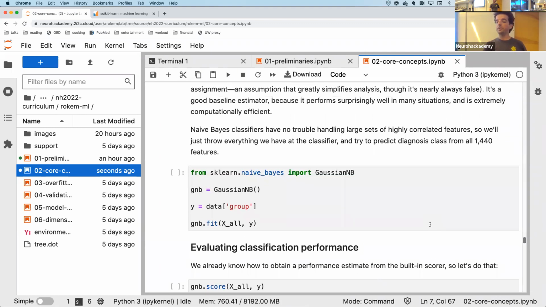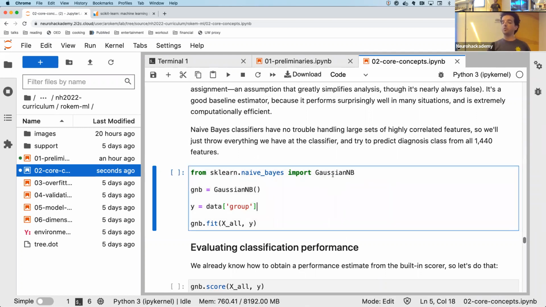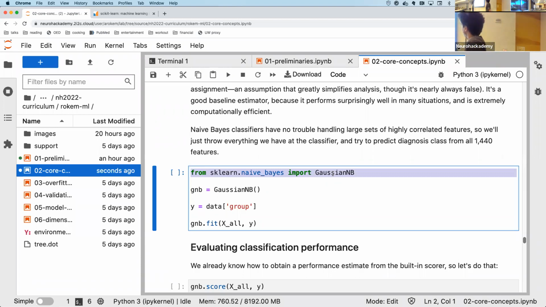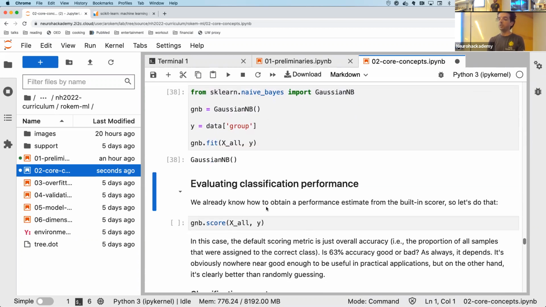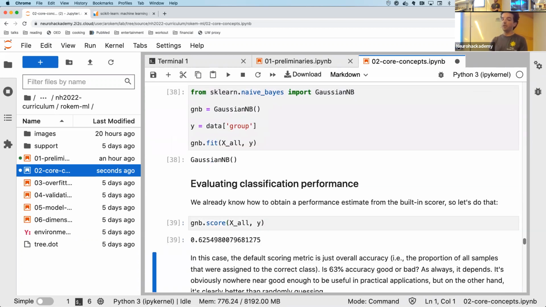The API that we will use will be very similar to what we used before, but we will be looking at a different part of Scikit-Learn now. So here we're looking at a Gaussian Naive Bayes classifier. Not too important what that means, except to say that it's initialized here, and then we get the data for the group, and we fit it down here. And that's really all that we need to do in order to then score that.